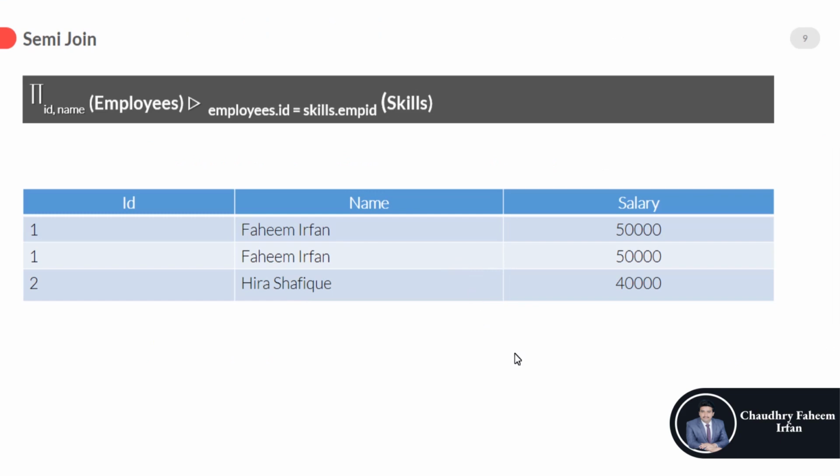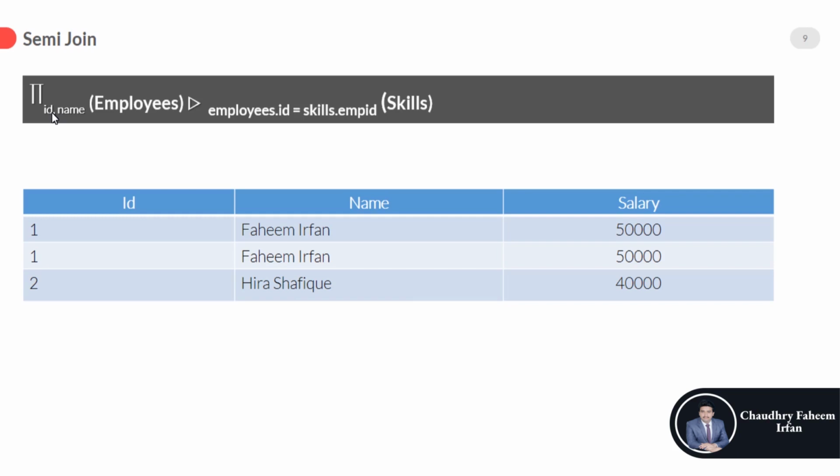And in the joining series, here is the last one, which is semi join, and we are going to select only projection operation, and by using projection operation we are going to select only employees columns.